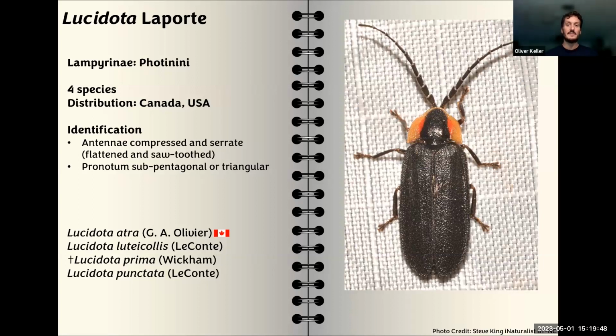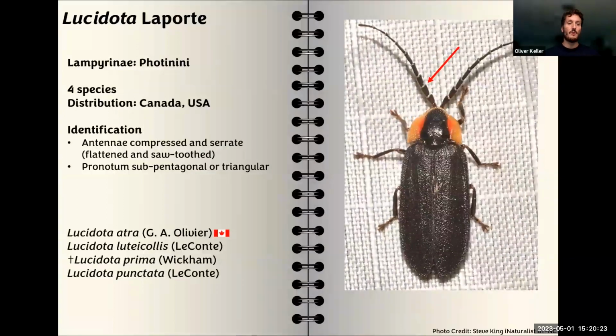A lot of times, any kind of firefly that had these serrate or saw-tooth antennae that some people couldn't place in a different genus was lumped into this one, and people are actually looking now at the species to see what's going on. But like I said, they have these flattened, serrate or sawtooth antennae, and the pronotum is either subpentagonal or triangular.